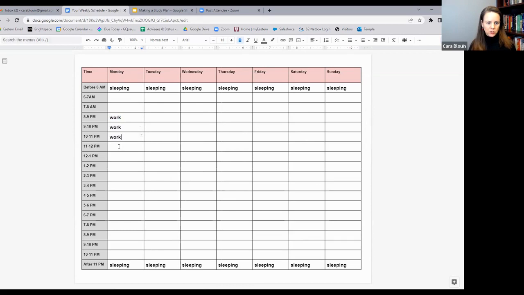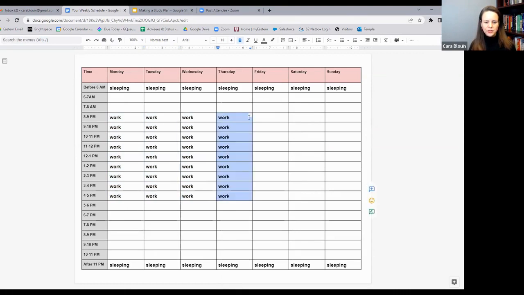And I work from 8, I'm just pasting this in, until 5 on Monday. The same is true on Tuesday, Wednesday, and Thursday. Friday, I get out a little bit early. So work stops at 3.